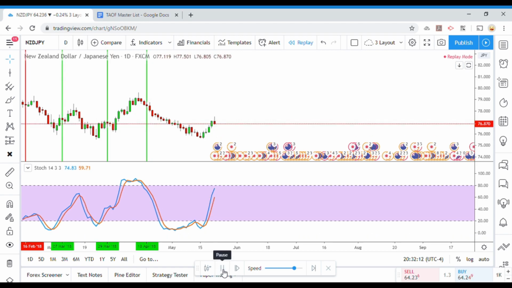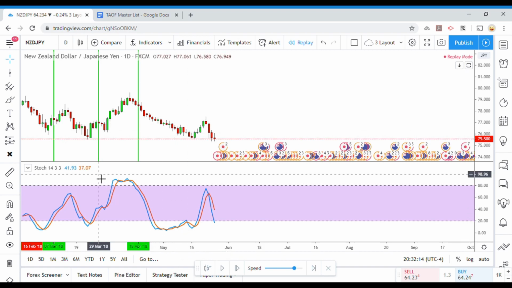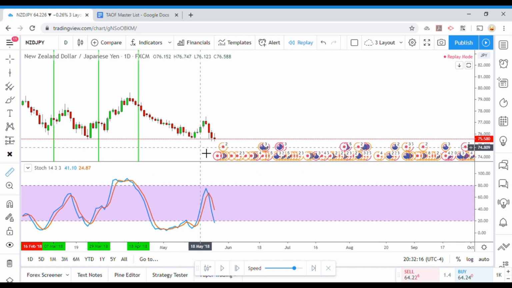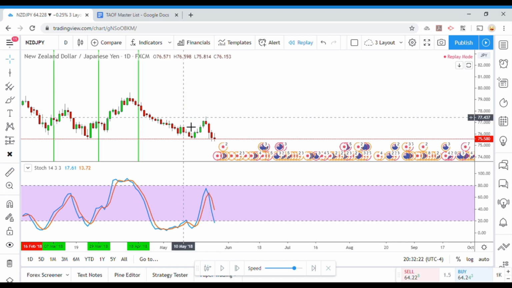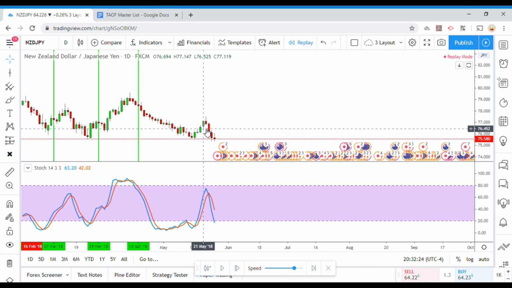Didn't quite cross above. That one did. That's our entry. I don't think we got 90 pips out of that. Ooh, that is close. Let's see. So 76. Let's say 76. 70 was the open.